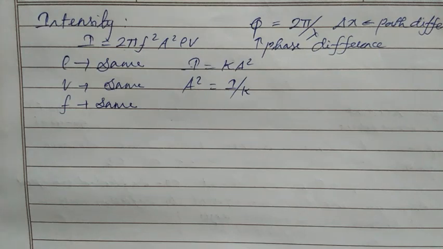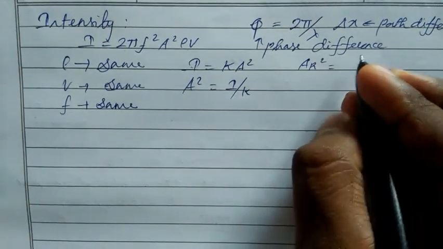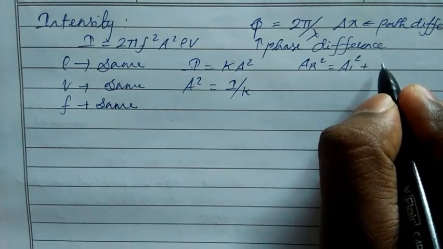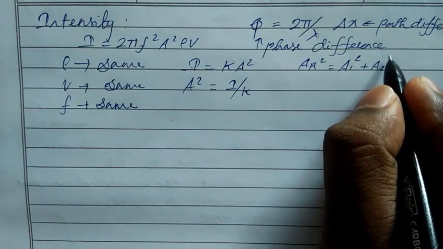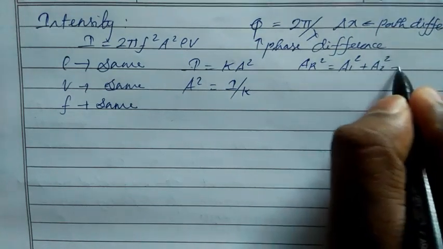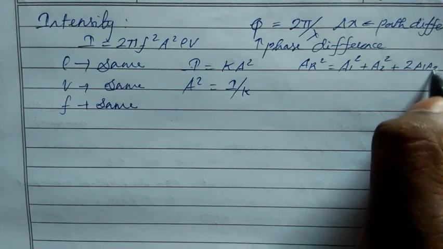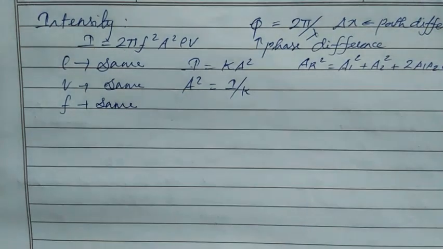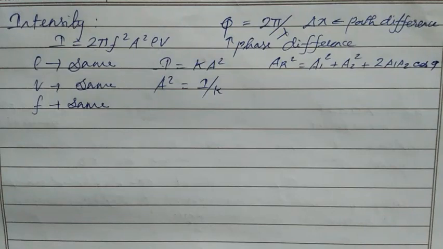What is that resultant amplitude? A R square equal to A1 square plus A2 square plus 2 A1 A2 cos phi. So this is the equation for resultant amplitude.